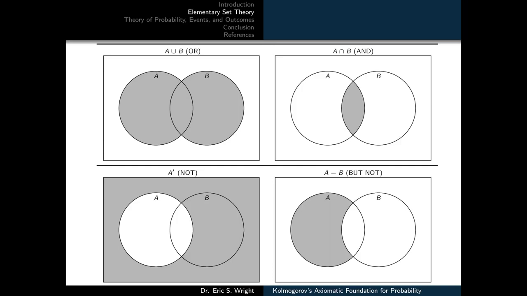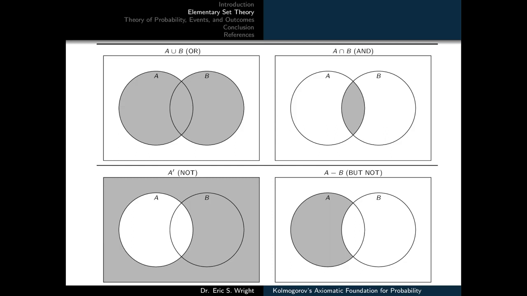So for instance, if we think of A or B, and recall that we could belong to that event as long as we're an outcome that belongs to at least one of the events A and B, we can see why that Venn diagram has shading inside of both of the A and B circles.